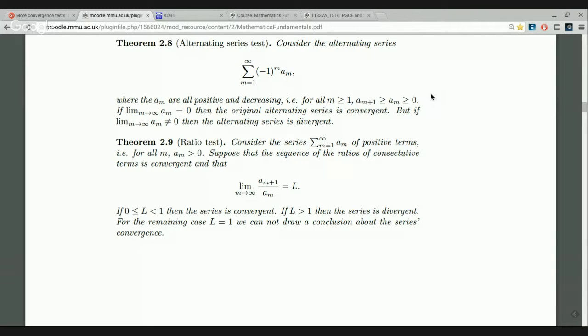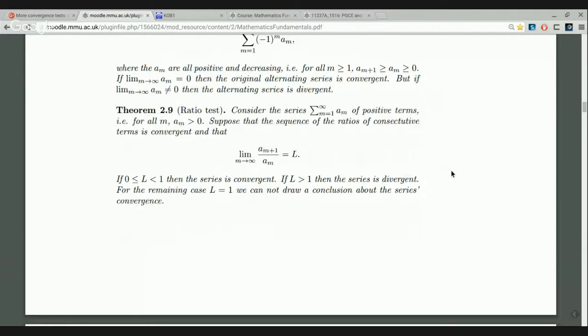So the next test to look at is the ratio test. So we'll get that up on the screen again. The ratio test, as its name suggests, proceeds by examining the ratio of successive terms of the series.